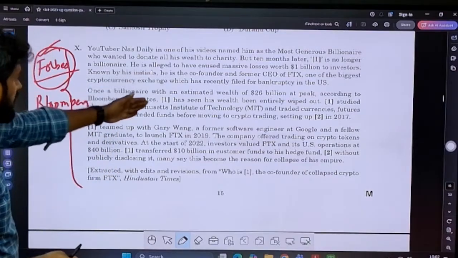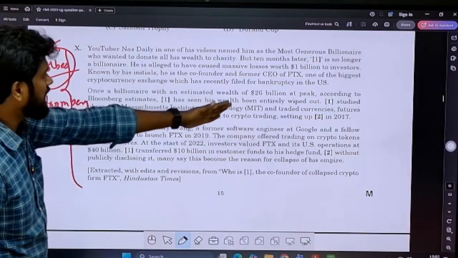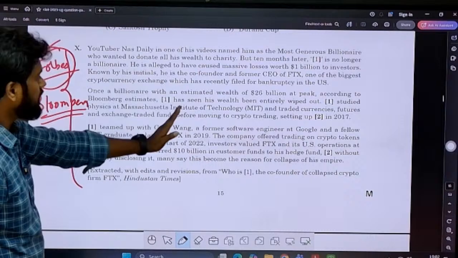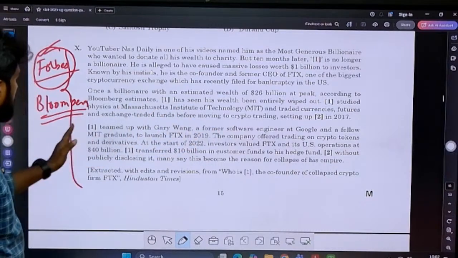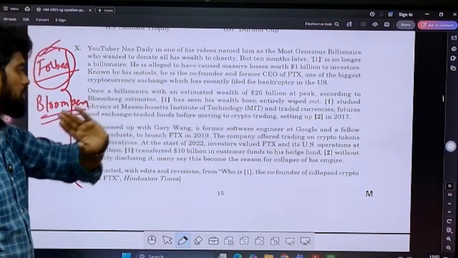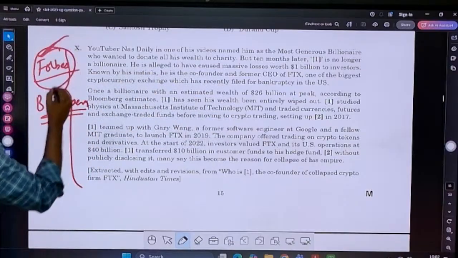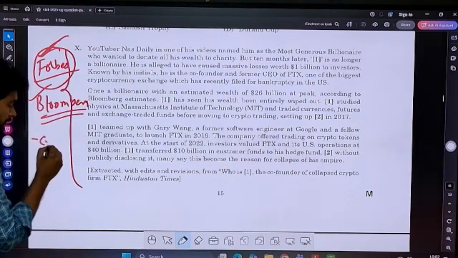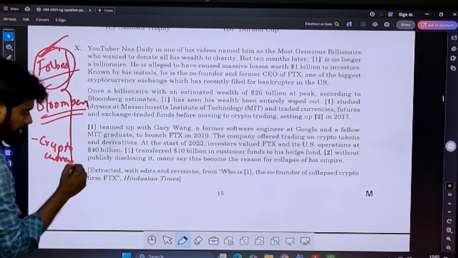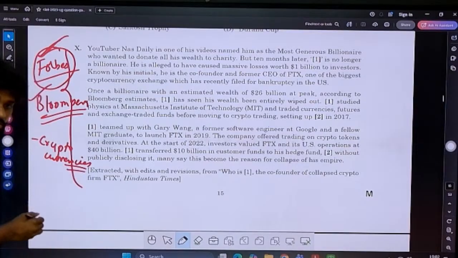Bloomberg estimates one has seen his wealth been entirely wiped out, and one studied physics at MIT and traded currencies, futures, and exchange traded funds before moving to crypto trading. So, we'll talk about Forbes, we'll talk about Bloomberg, we'll talk about what? Cryptocurrencies. Okay, so this is one thing.